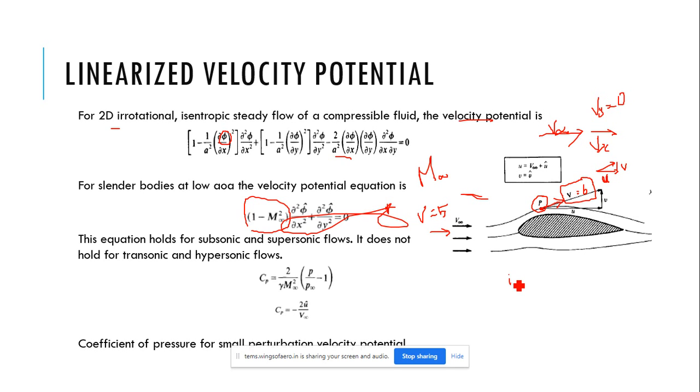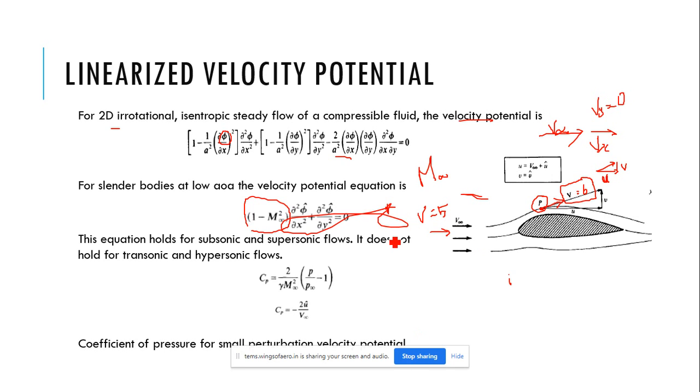A lot of accidents also happened because of the compressibility effects. That's why the study of compressible flows mainly comes into the picture, and they found that incompressible flow and compressible flows are very different. Because of the compressibility, a lot of things may change while flying an aircraft in supersonic flows.